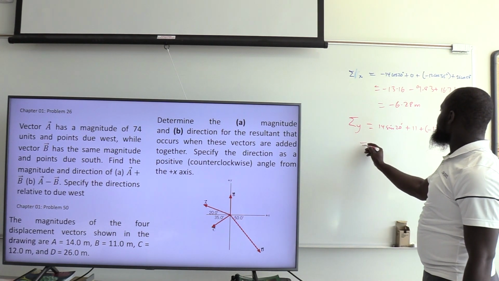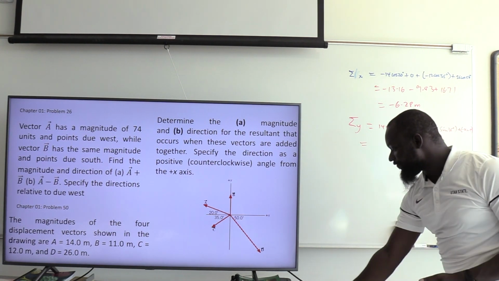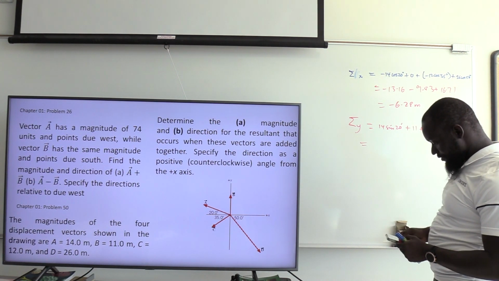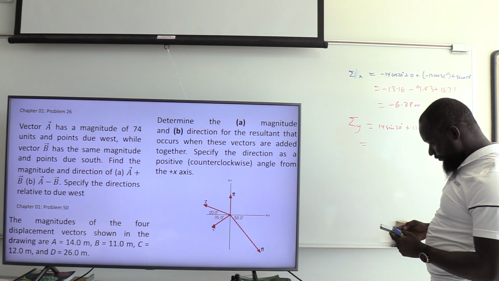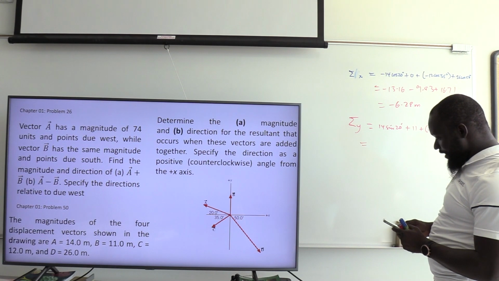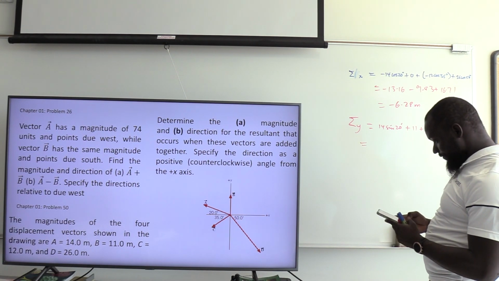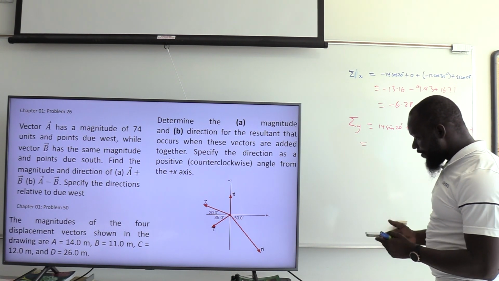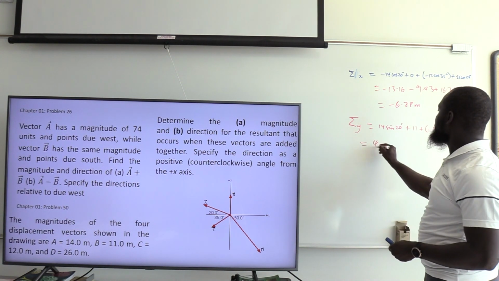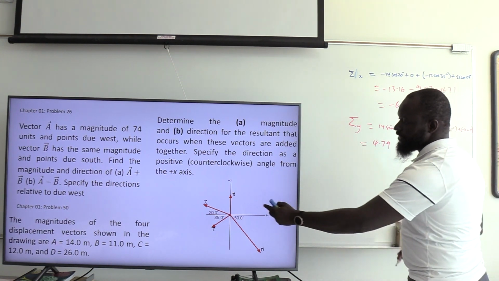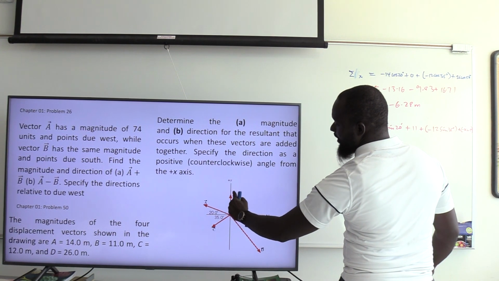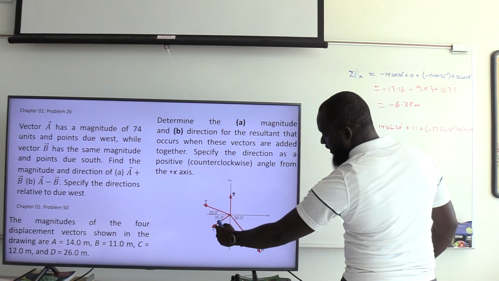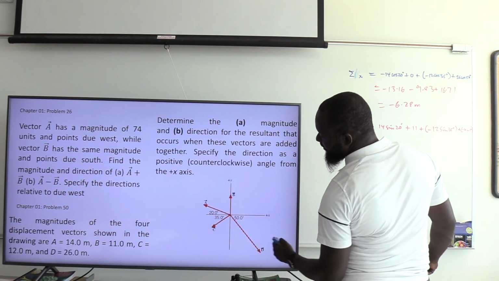So I do that here. 14 sine 20 is the first term, 4.79. It's positive because the y component of A is positive, and the y component of C and D is negative.